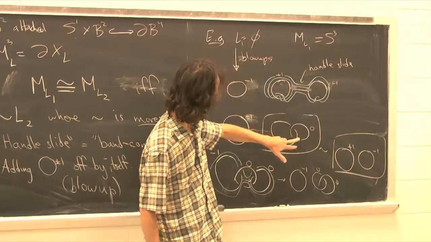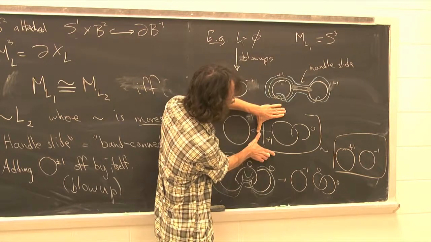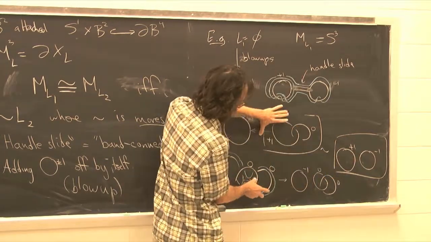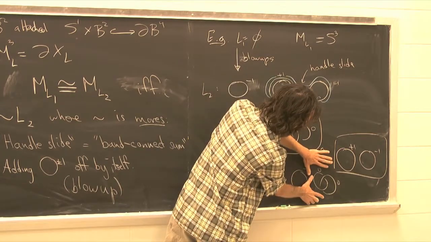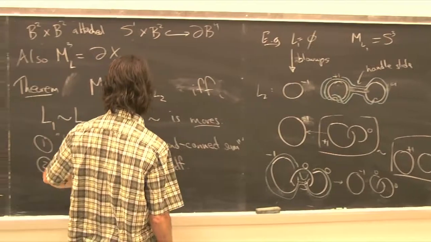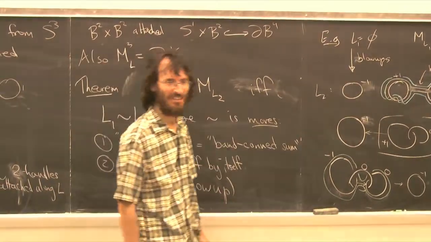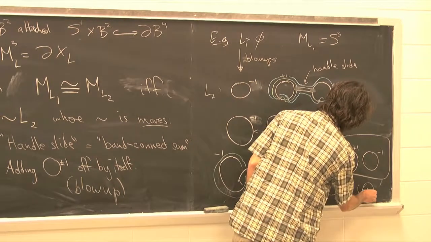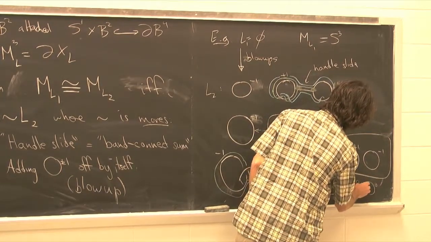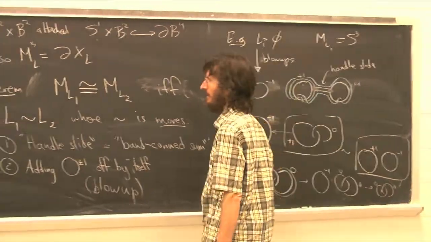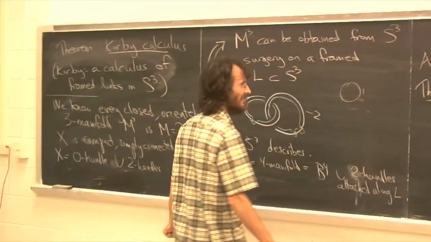One thing I want to emphasize is that you can get this configuration by blowing up twice in this way, and you can also get a single unframed one. If you like, you could now do the move. I should have said, these are all reversible, right? So then you could erase this and get to something else. I think it's an equivalence relation that we're talking about. And that's the theorem.